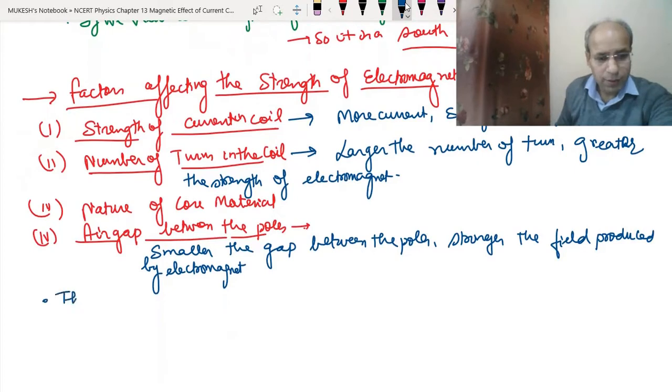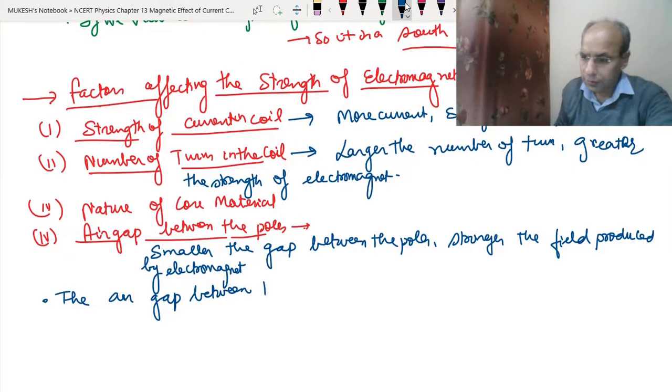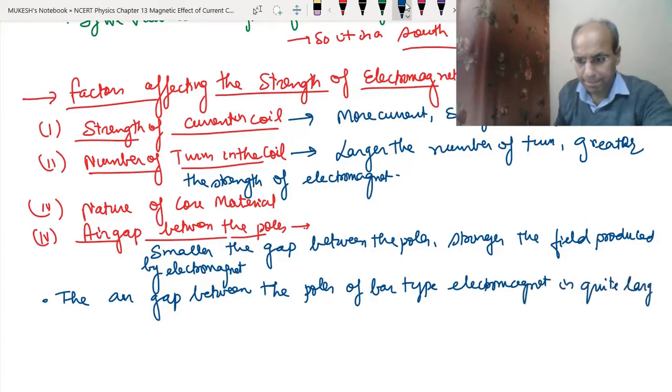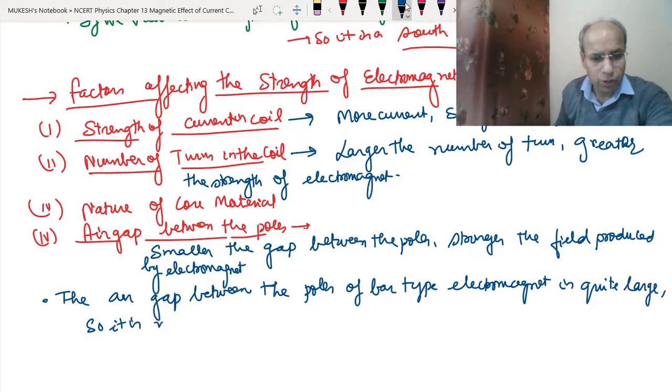Okay. So now let's compare which one will be the stronger. The air gap between the poles of a bar type electromagnet is quite large, so it is not very strong.